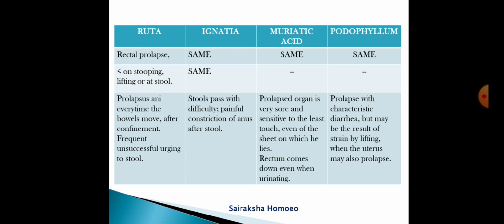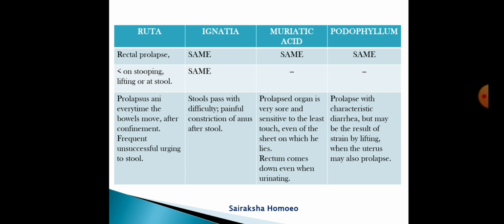So here in Ruta you find prolapsus ani every time the bowels move after confinement. Confinement is after delivery, and frequent unsuccessful urging to stool. While in Ignatia the stools pass with difficulty, and painful constriction of the anus after stool is felt.